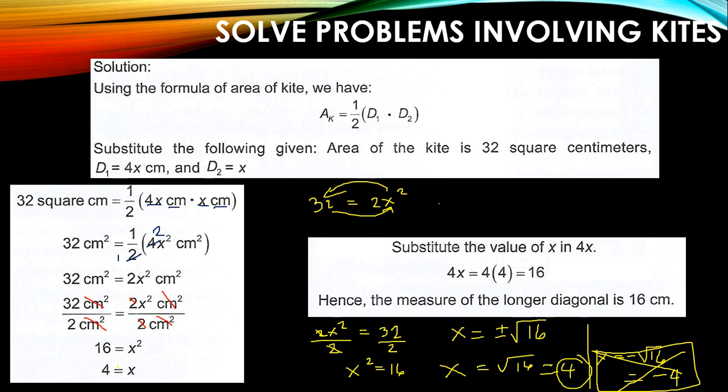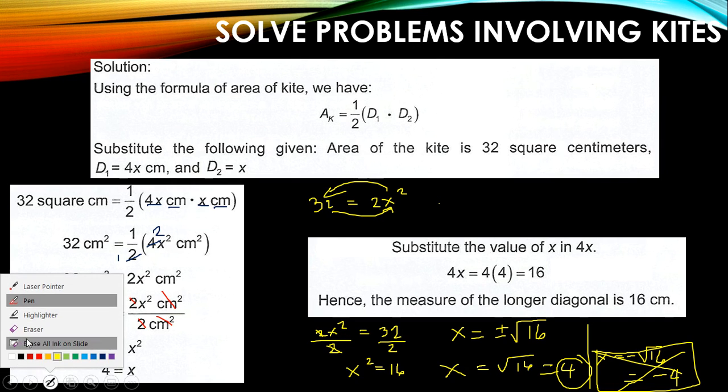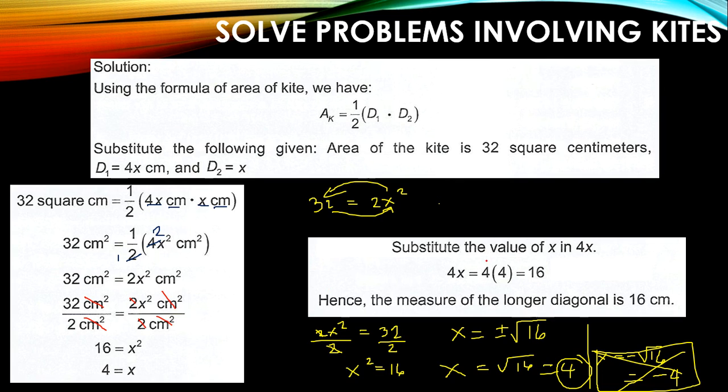Therefore x equals 4. Next, substitute the value of x in 4x. This is the longer diagonal, so you substitute the value of x, and it becomes 4 times 4, that is equal to 16. Hence the measure of the longer diagonal is 16 centimeters.